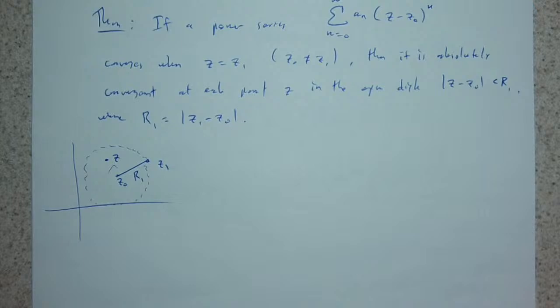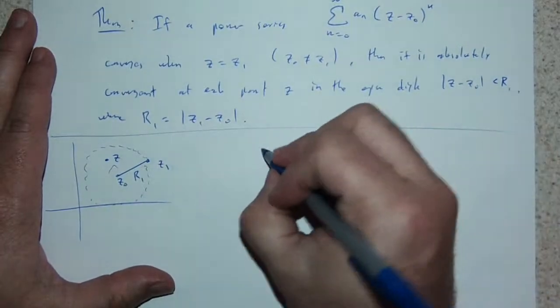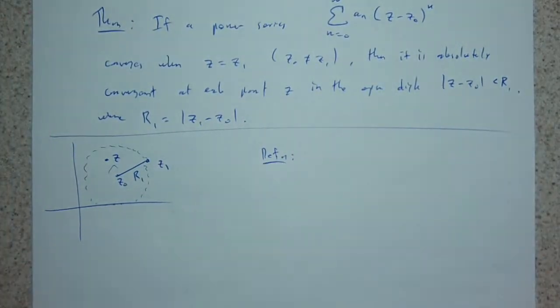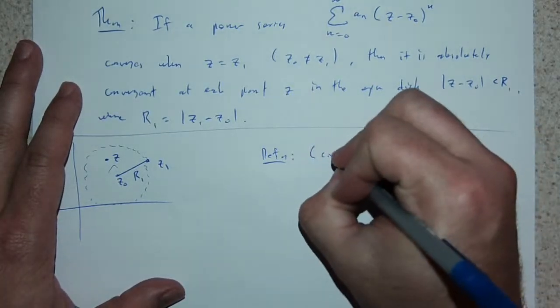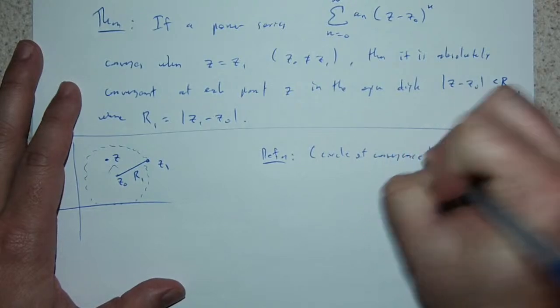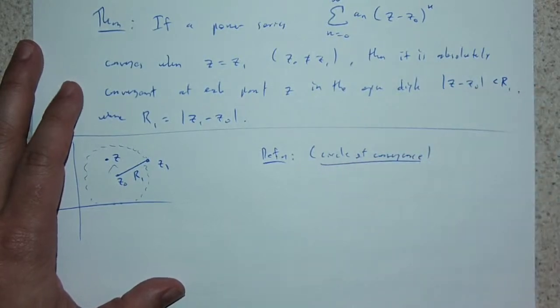Now, we need a definition here before I can state the next theorem. So, quick definition. In fact, another way of phrasing this theorem is in terms of this definition. This is the definition of the circle of convergence. What is a circle of convergence?